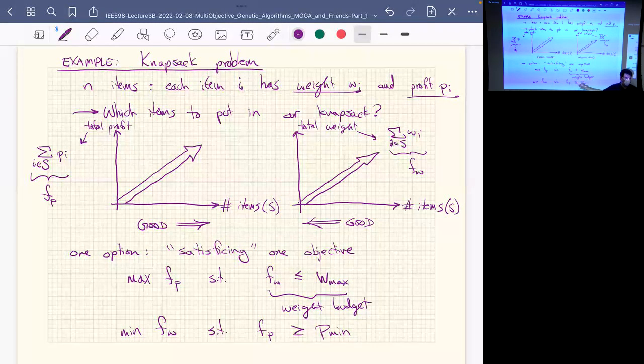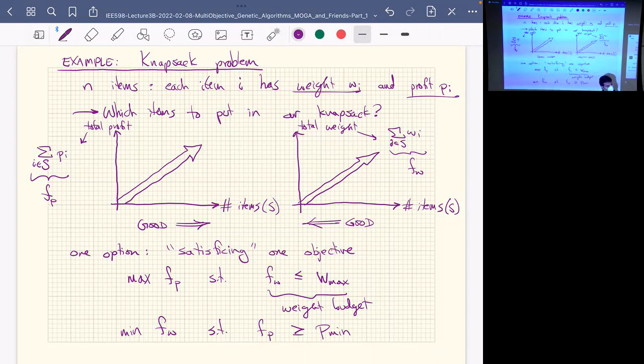Both of these can be solved with linear or nonlinear programming methods. Because FP and FW are all nice and linear, you could just take the simplex method and solve either one of these. But which one of them is the right solution that balances these things?